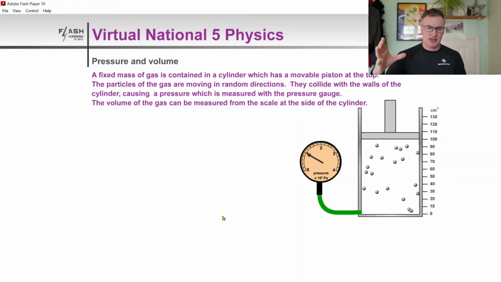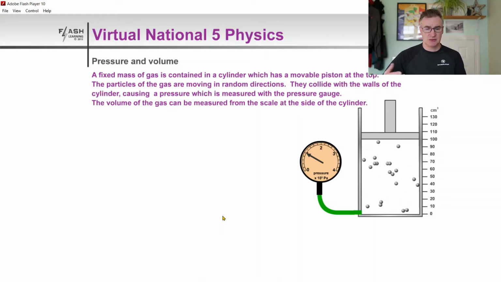Now, as a very quick explanation in terms of kinetic theory, if you reduce the volume, then you're going to have less space for the particles to move. If the particles are continuing to move at the same rate, but you provide less space for them to move in, then common sense would dictate that they are going to make more collisions per second with the container walls, and therefore the pressure would increase.